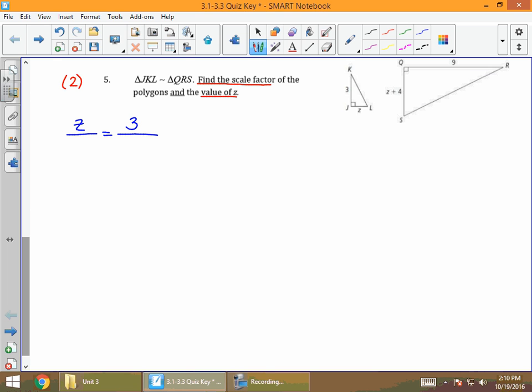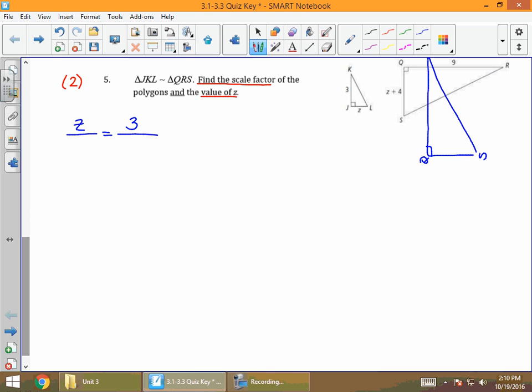And for the bigger triangle, if I could turn this triangle, I'm going to try to draw this out here, where this is S, Q, and R. If I could take this and turn it so it's in the same orientation, maybe that will help you see which side needs to go with JL.